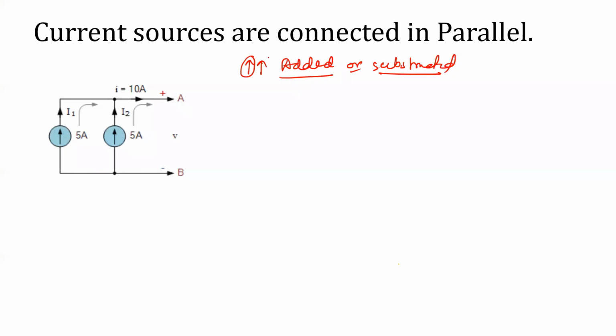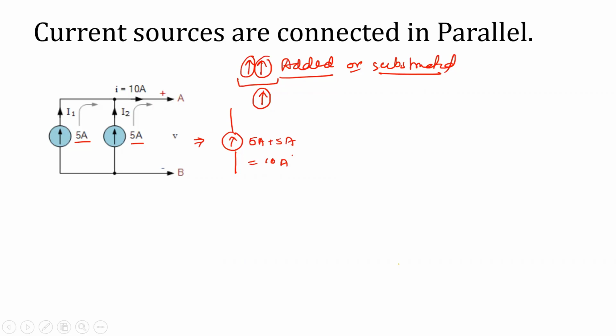If this is the case, then these two current sources can be replaced by a single current source which follows the same direction. You can see 5 amperes of current and 5 amperes of current can be replaced by a single current source which follows the same direction. That is the added result of those two current sources, that is 10 amps.